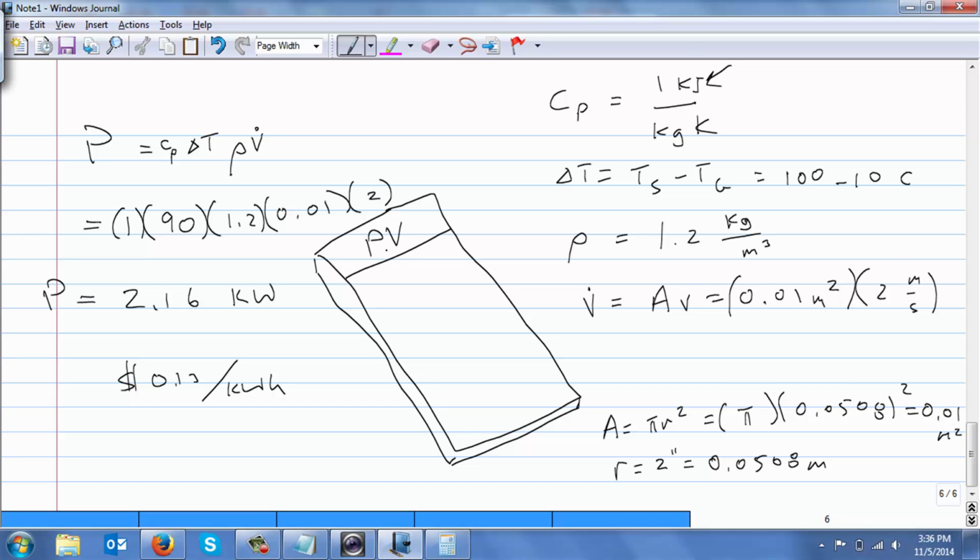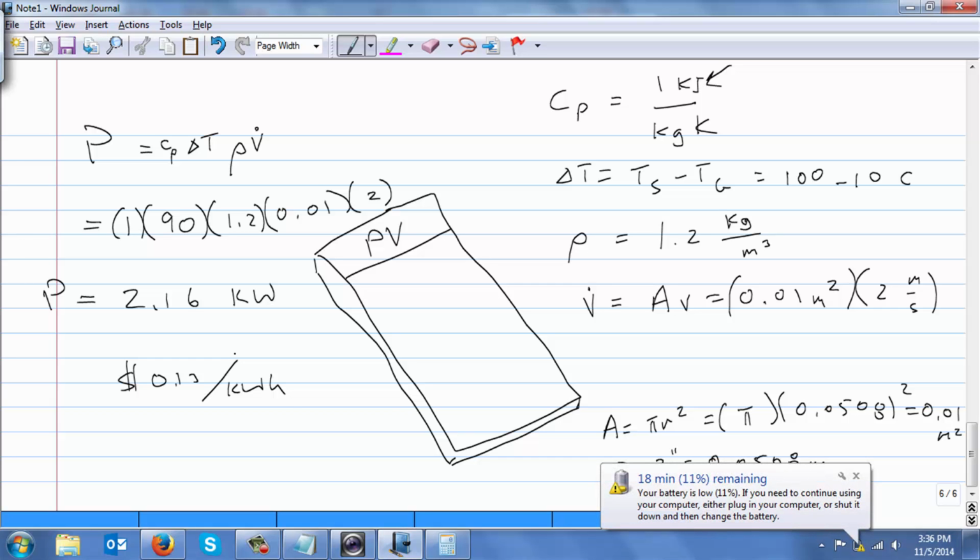If properly designed, your PV is the only thing running the fan, so you're not paying for electricity. You put the capital cost into the PV panel, but you're not paying continuously to run the fan. It's coming directly from primary solar energy instead. So that's kind of your next step in terms of whether it pays for your customer.